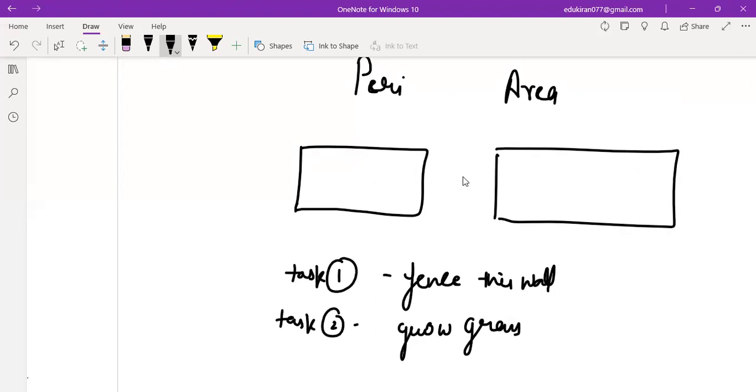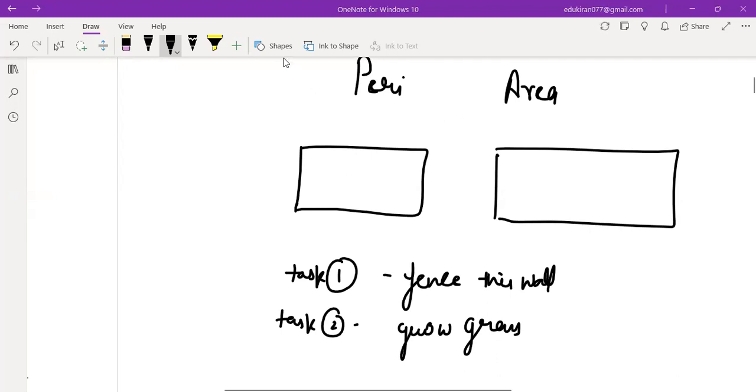Clear? So tell me, in fencing the wall, will you find the area or the perimeter? And in growing the grass, will you find the area or the perimeter? Tell me. Ma'am, I think in area we will find fence this wall, and in perimeter we will find grow grass.